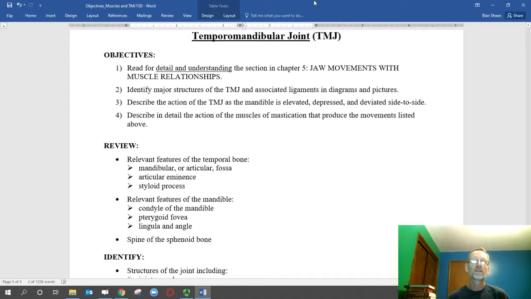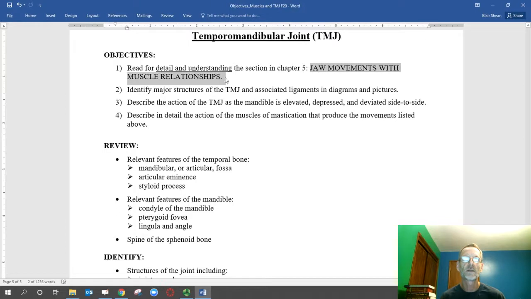So this is from your objective sheet that's printed or available on Canvas. There are the objectives. I want you to read the chapter on TMJ and pay attention to the section in particular on jaw movements with muscle relationships.